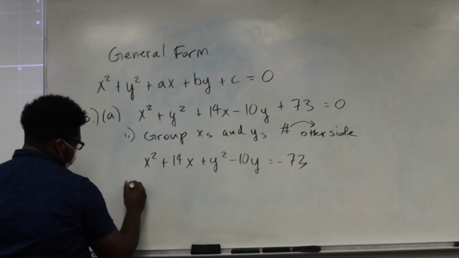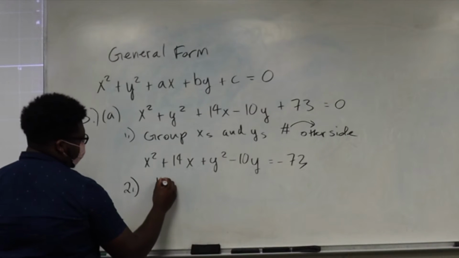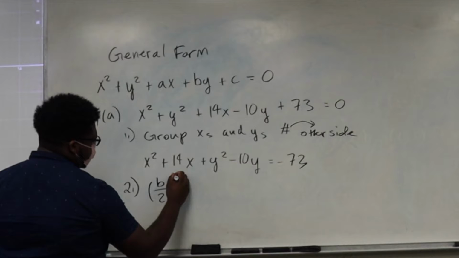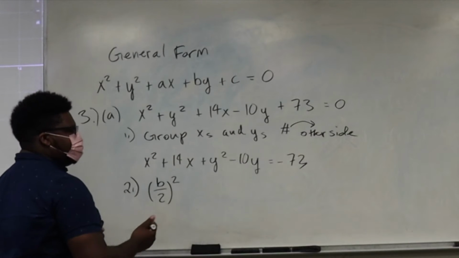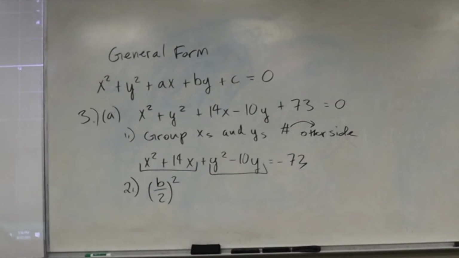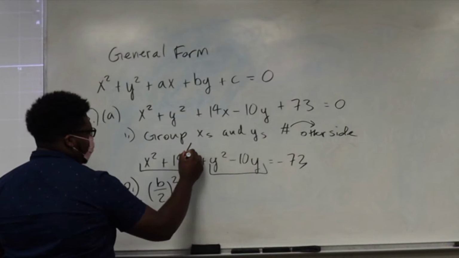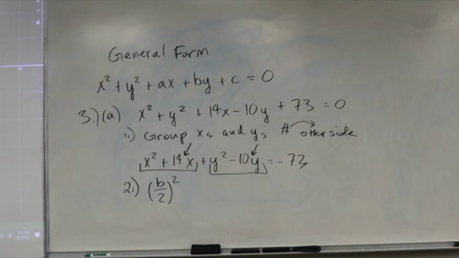Step 2 is what we call b over 2 squared. I'm going to explain what I mean by that. Your b term is the term on the linear part, meaning the coefficient on just the x and on just the y.